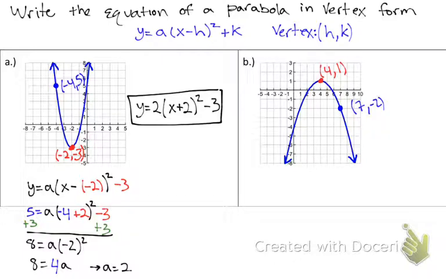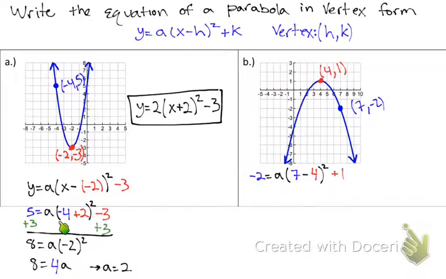We're going to do the same thing: take our point and our vertex and plug them into x, y, and h and k. So for our y value, we replace it with -2 equals a, parentheses, x, which we replace with 7, minus our h value, which is 4, squared, plus 1 at the end, which is our k value.